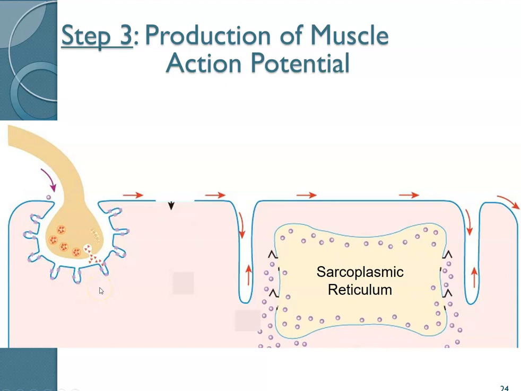When they gain sodium, they become less negative, and that will trigger off, when threshold is reached, an action potential. The action potential travels along the sarcolemma, the membrane of the cell. It also goes down into the T-tubules, where it comes into very close contact with the sarcoplasmic reticulum, and we'll talk about that in the next phase.